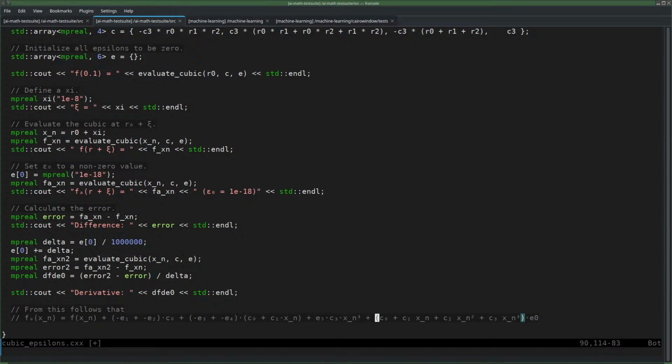And I want to merge in this. So I have a C0 here, and the C0 is multiplied with epsilon 0. And that would be a plus. So there is an epsilon 0 here, possibly.